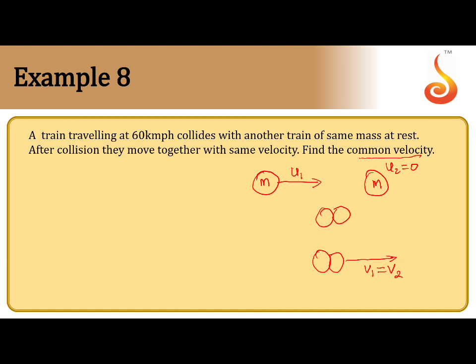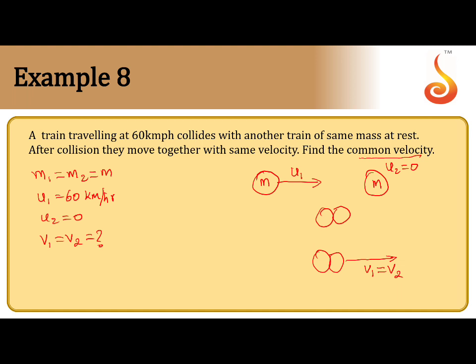You need to find that. According to the data, m1 equal to m2 equal to m, u1 equal to 60 kilometer per hour, u2 equal to 0. After collision, v1 is equal to v2 equal to question mark.